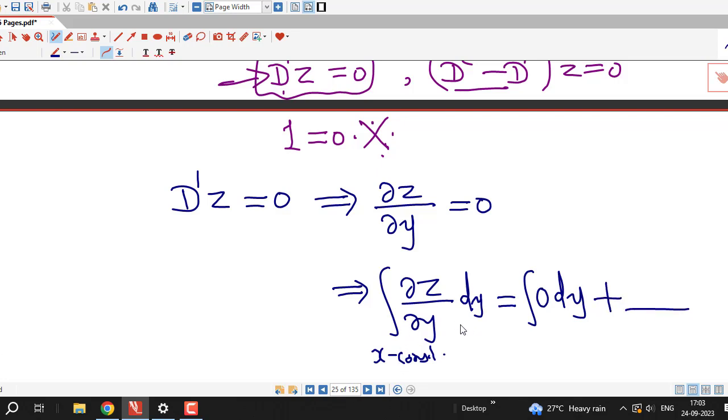But here we are integrating z with respect to y, and z is a function of two variables x and y. We are considering x as constant, therefore the arbitrary constant can be a function of x also.